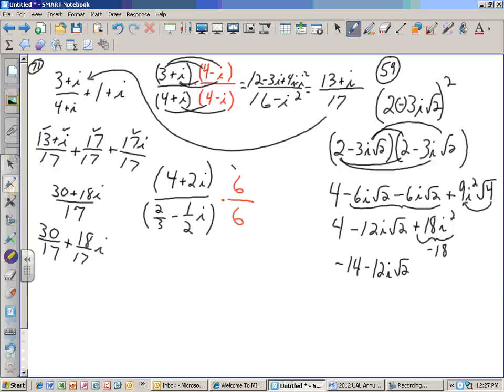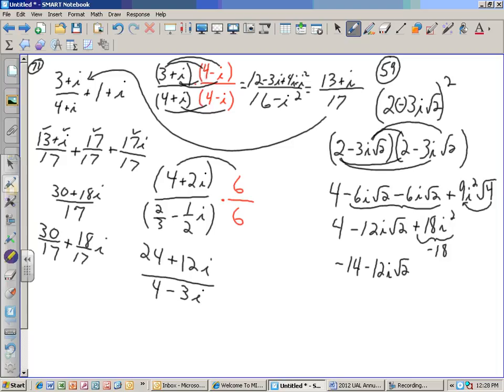I'll distribute the top 6. 6 times 4 is 24. 6 times 2 is 12. When I multiply 6 times 2/3, what does that equal? 8/3 times 6 is 12/3, which is 4. 2 times 6 is 12, so I get 4 minus, and then 1/2 of 6 is 3.